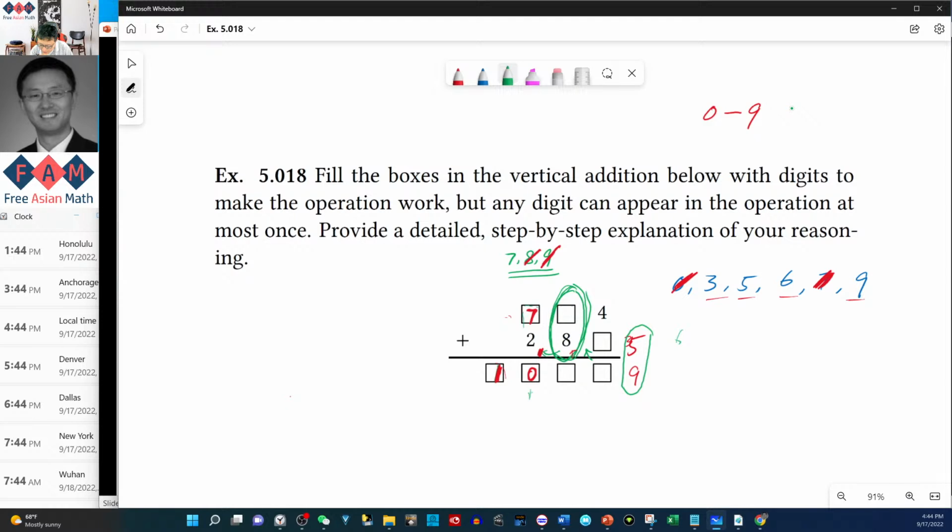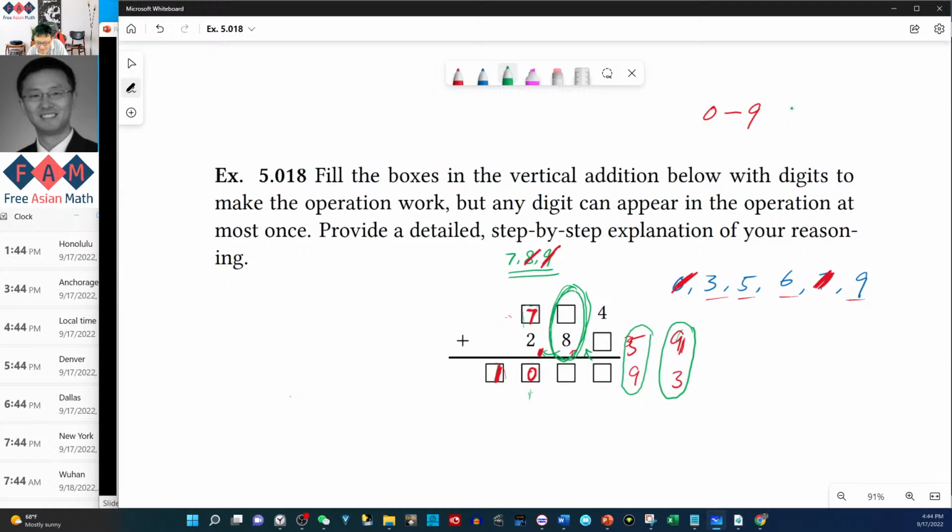And how about 9 itself? If this is 9, 4 plus 9 is indeed 13, and 3 is available. So we circle this as another potential candidate for the unit digit. So with those 4 digits, 3, 5, 6, 9, we see that we only have 2 potential choices.